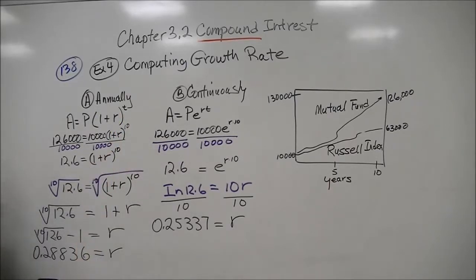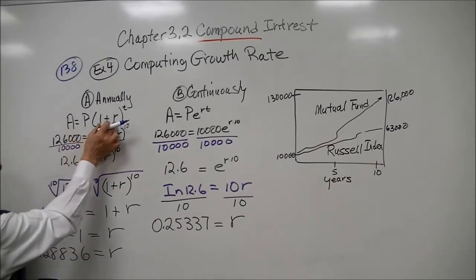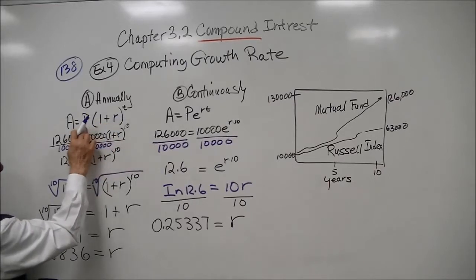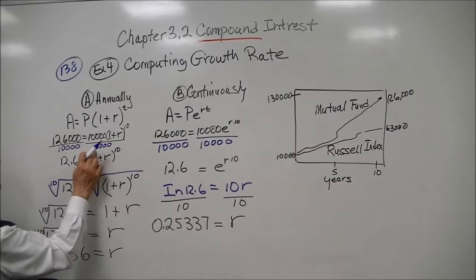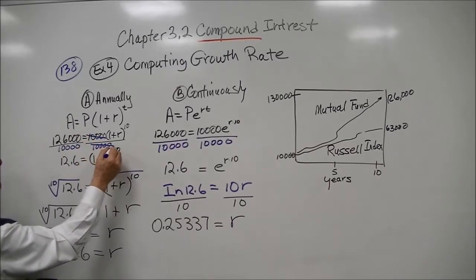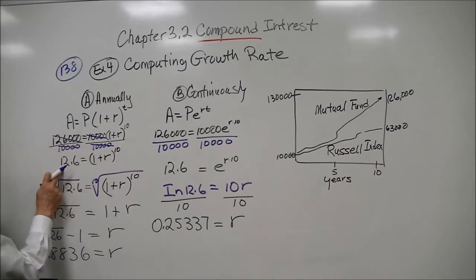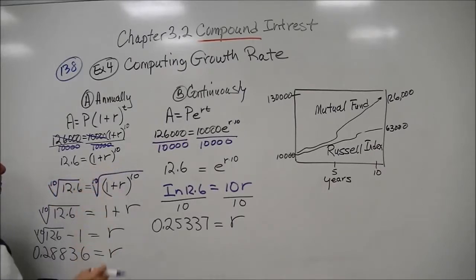So the first thing we do is we want to get rid of the P, because we're looking for that rate there. So we're going to divide both sides by the P, which is 10,000. So this cancels out, and this cancels out, and I'm left here on this side now with 12.6, and this.